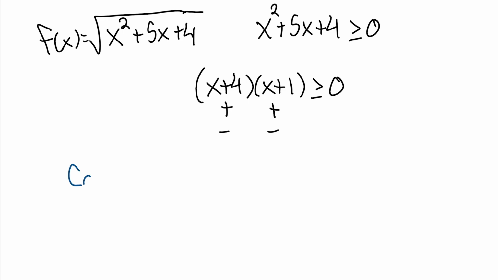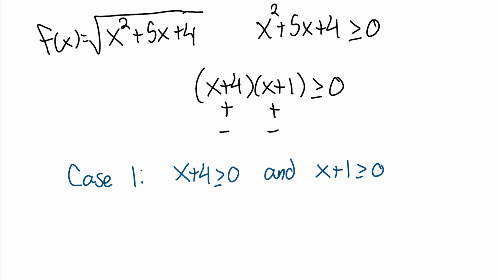Okay. So case 1, x plus 4 is greater than, or we could say greater than or equal to 0, and x plus 1 is greater than or equal to 0. This would mean that the product is greater than or equal to 0. And this would be if x is greater than or equal to negative 4 and x is greater than or equal to negative 1.